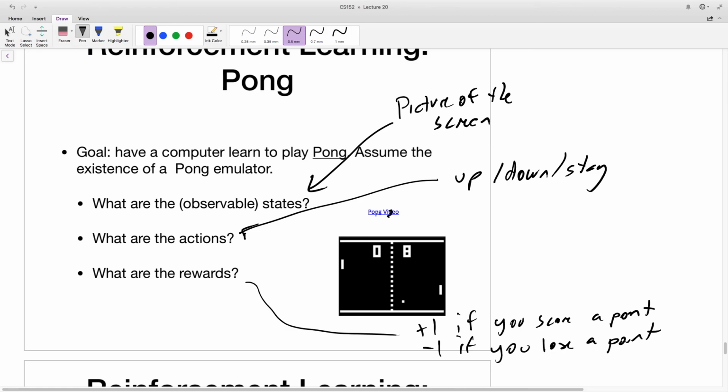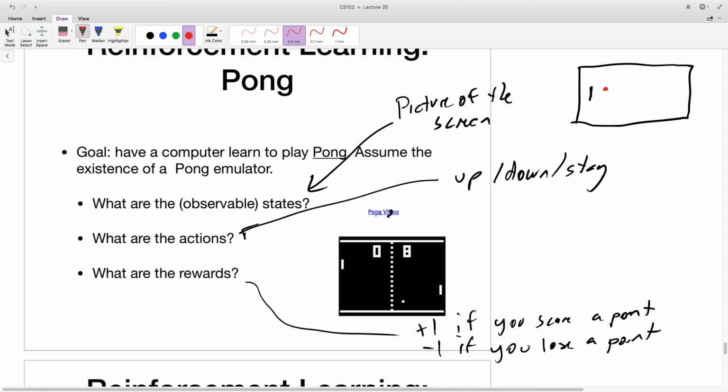Okay, so here's the problem, and we have a simple way to deal with that. Let's say your paddle's here, and the ball is here. Do you want to move up or down or stay? We have no idea. Maybe we just hit it and it's going to the right, or maybe it's coming from the bottom up and we want to move up, or it's coming from the top down and we don't know.